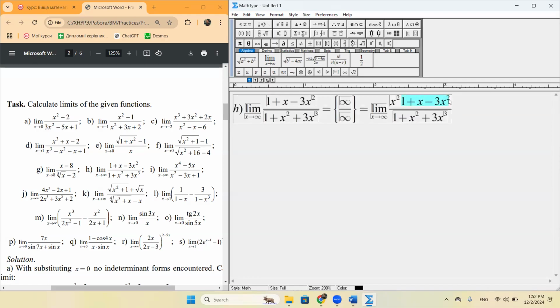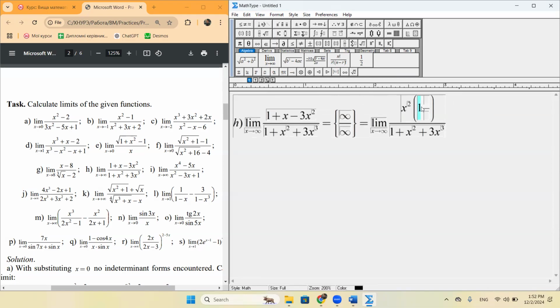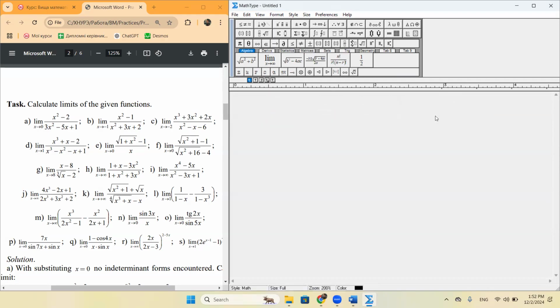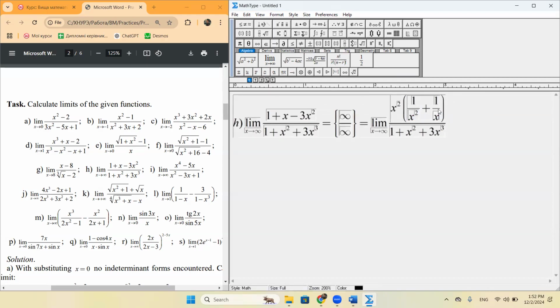And what will we receive? So 1 by x in power of 2 plus 1 plus 1 by x, and minus 3.